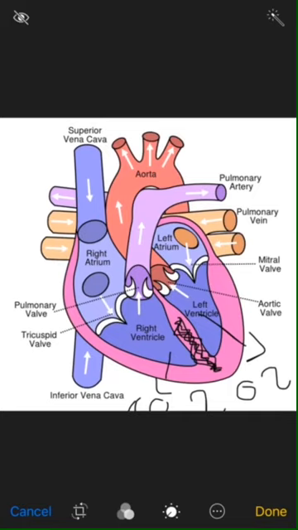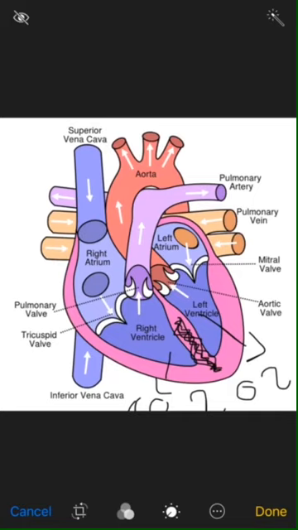Vein, the blood vessels that carry blood into the heart. Vein, in. We remember in, so into the heart. Artery carries the blood away from the heart. You can see the arrows here, the direction of the blood. The artery is always out, the vein always in.